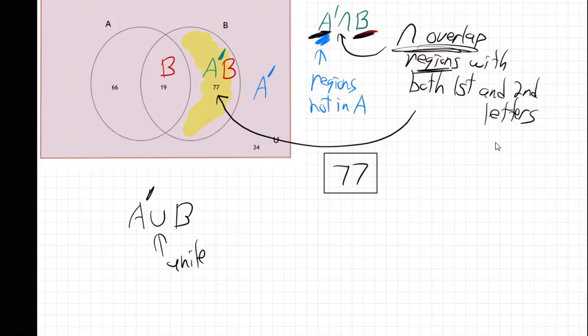So I would have taken also this and the outside, and I would have added those three numbers together. That would have been unite all the regions that have the first or the second letter, but we had overlap. I want to make sure you see that difference there.